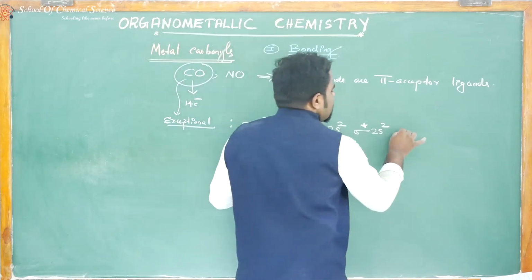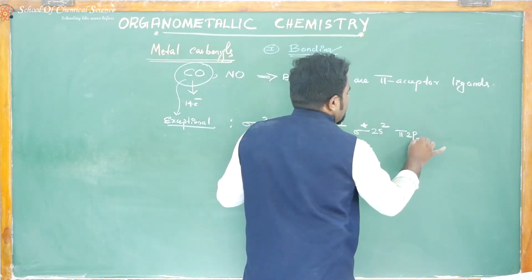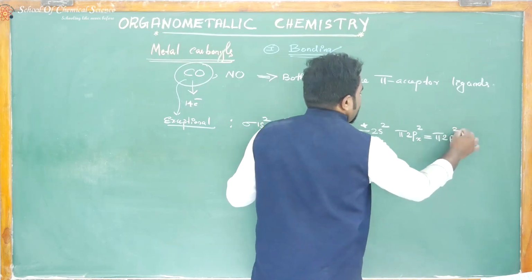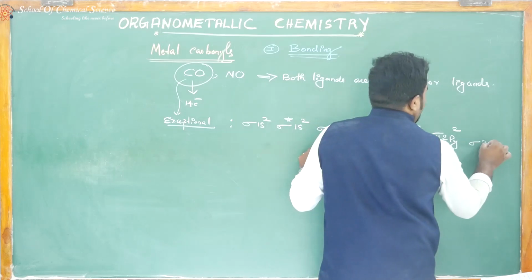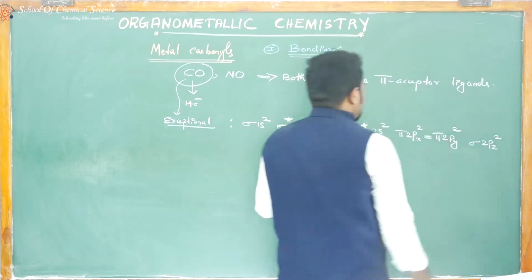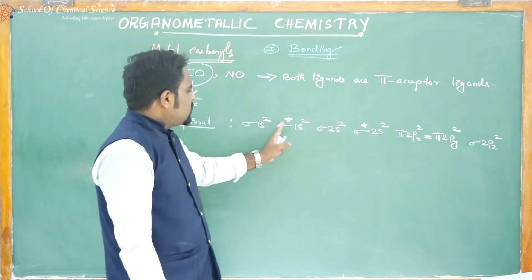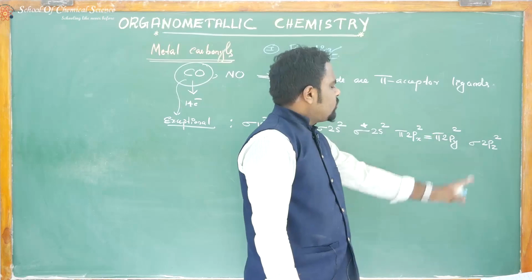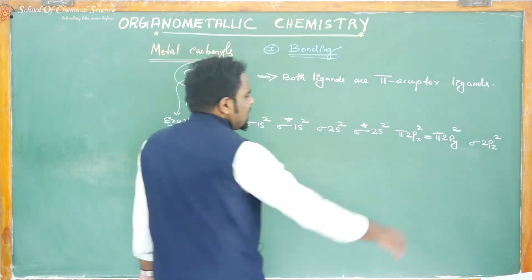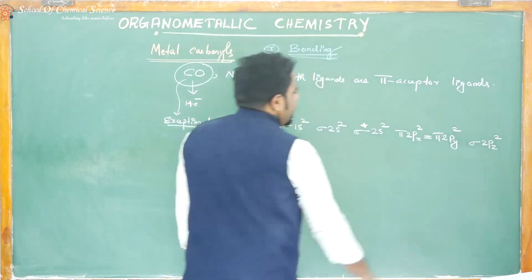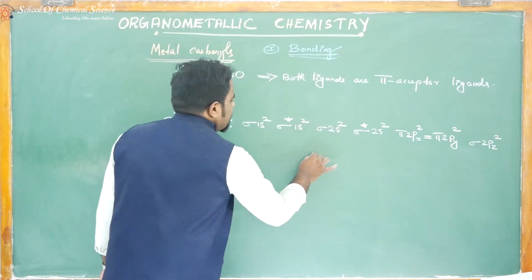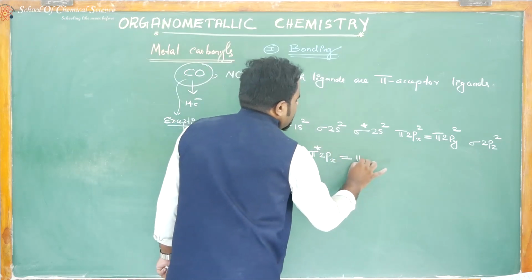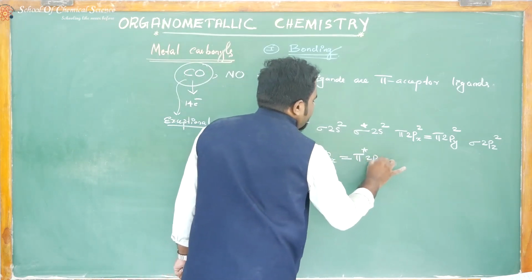Then the exception is there: pi 2px2 equal to pi 2py2, then sigma 2pz2, and then pi star 2px equal to pi star 2py.